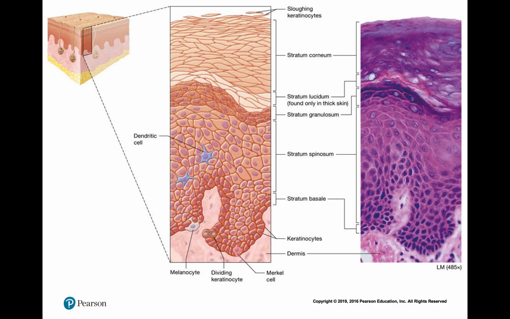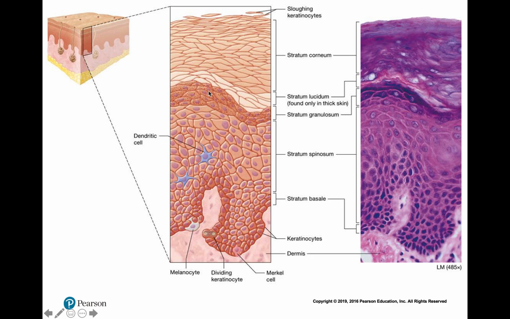Now that lipid substance will be hydrophobic, and it will coat these keratinocytes. So this hydrophobic lipid substance coats the keratinocytes of the stratum granulosum, and it's pretty much waterproofing the epidermis, right?